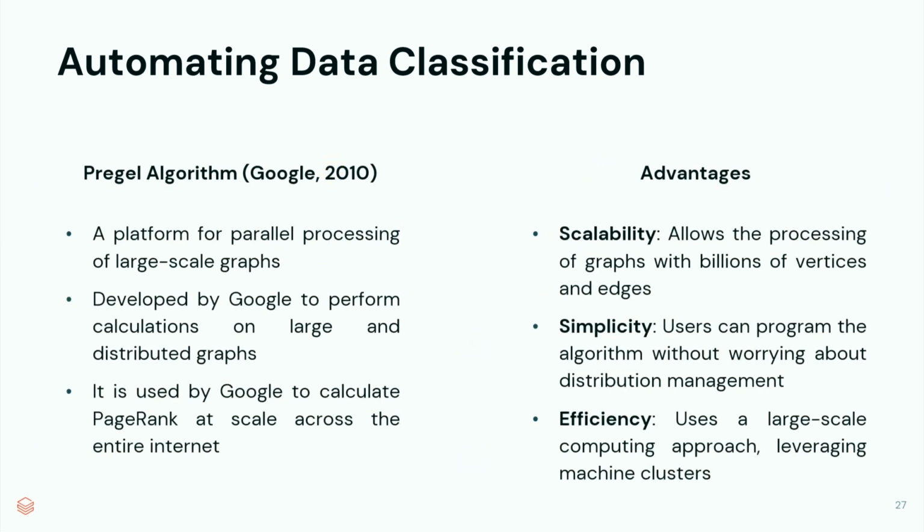So about the Pregel algorithm, it's a platform for parallel processing of large-scale graphs, and was developed by Google, and it's used to calculate PageRank. And then we have a lot of advantages using GraphX, like scalability, simplicity, and efficiency.